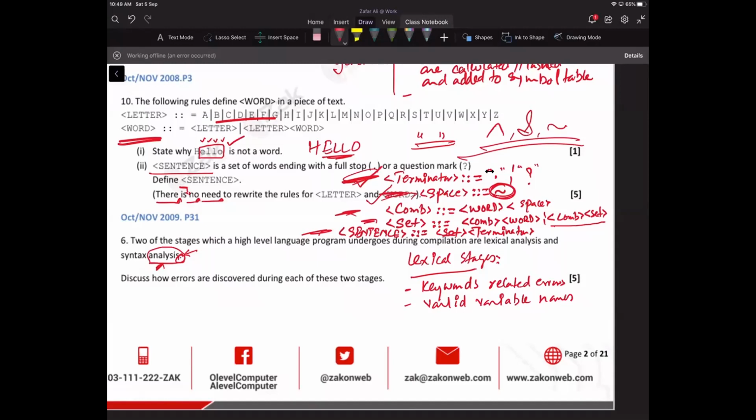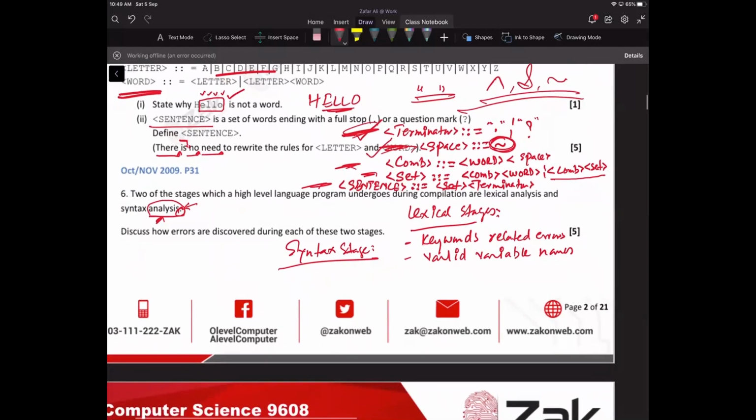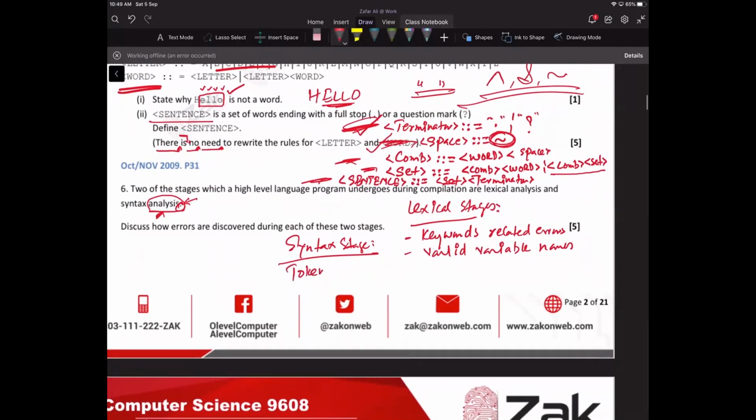All right. And then at syntax stage, tokens are checked against Backus-Naur form notations and grammar related errors are shown.